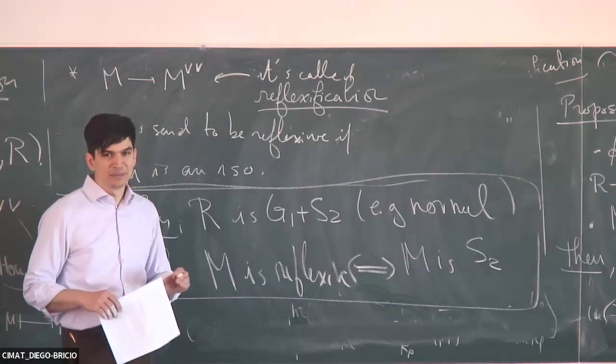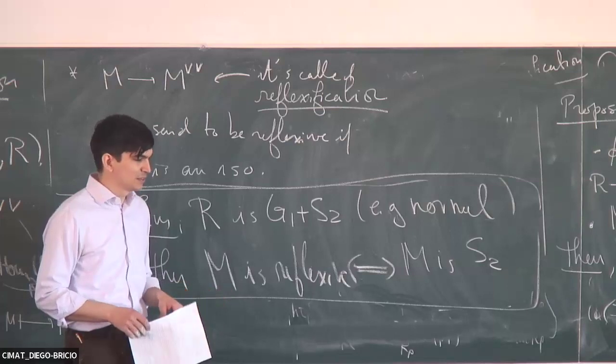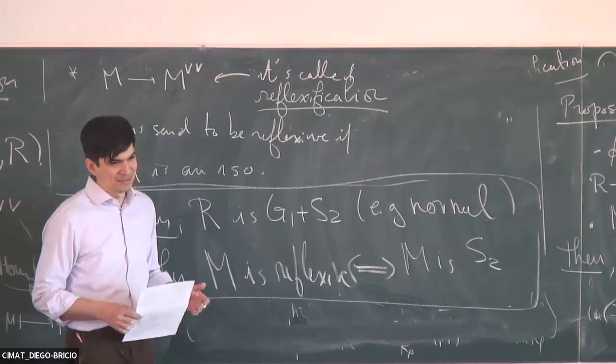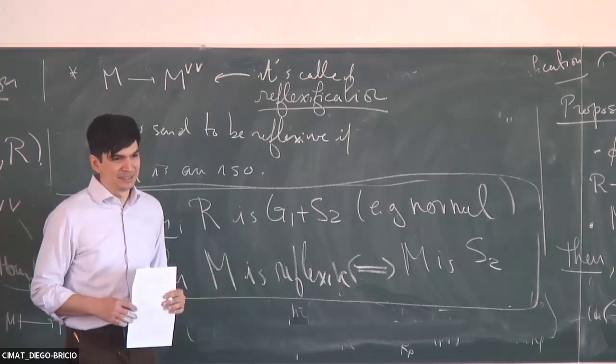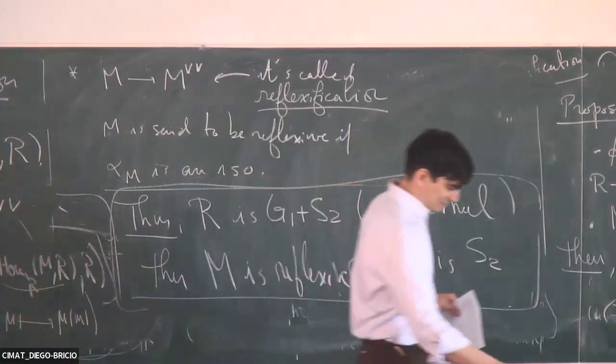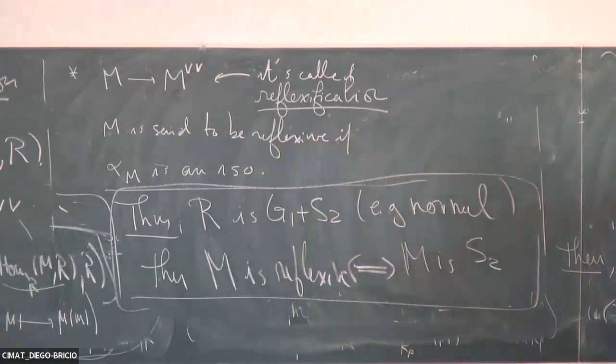And I went to my advisor for help. And very often his answer was, have you reflexified? And I was like, of course. And so it's a very important trick. On normal rings, you can just prove things in the locus where they are true, and then you reflexify and you get it extended.